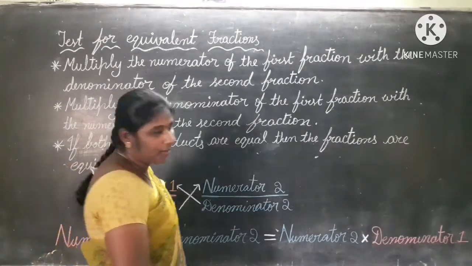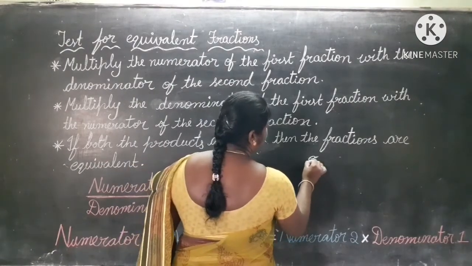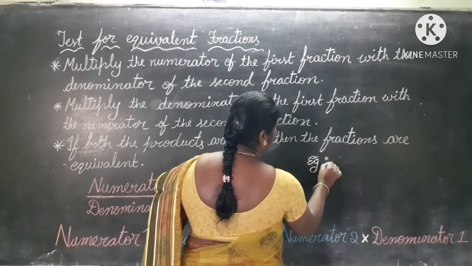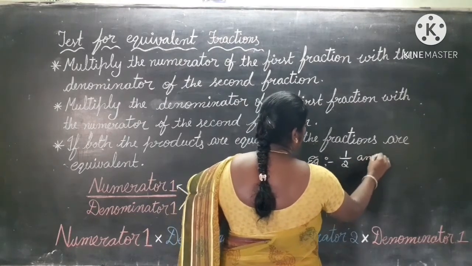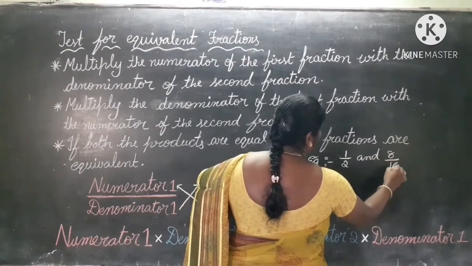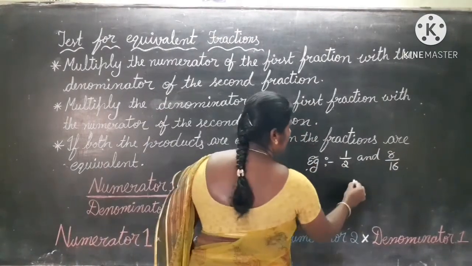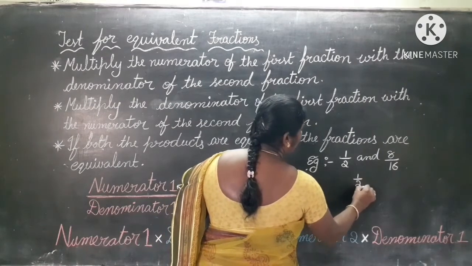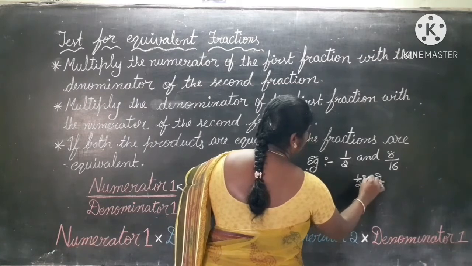For example, 1 by 2 and 8 by 16. If we do the cross multiplication, we multiply this one with this one, and this one with this one.